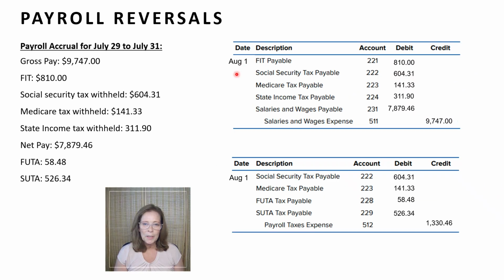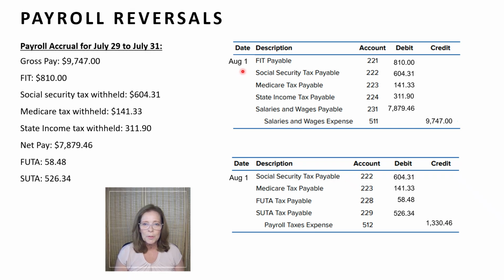For the reversal journal entry on August 1st, we reversed both entries that we recorded on July 31st. As I mentioned before, many software programs automatically record the reversals if the accountant checks the reversal option when recording the accrual.